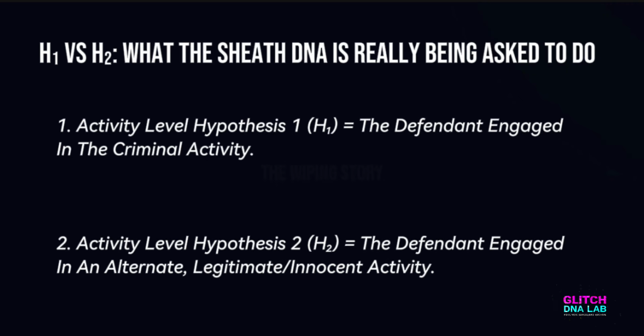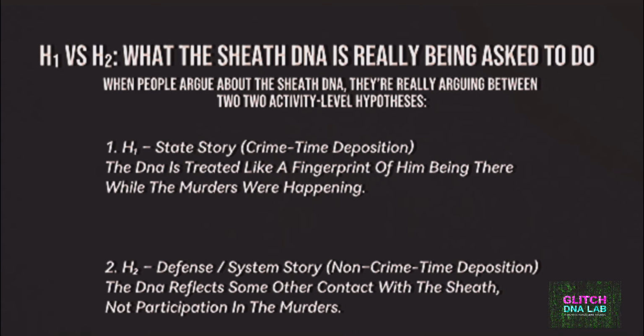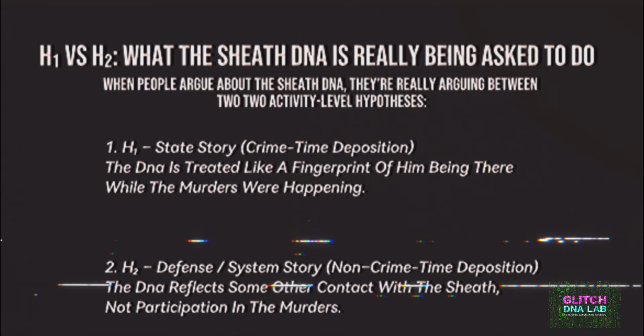Activity level conclusions must be built on context. Who was there? When? How many people move? How objects move? And trace, quote unquote, touch, low template DNA is the worst offender because it's tiny in amount, easy to transfer, easy to persist, and it almost never comes with its own timestamp.